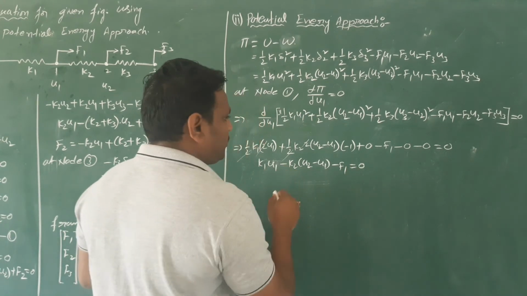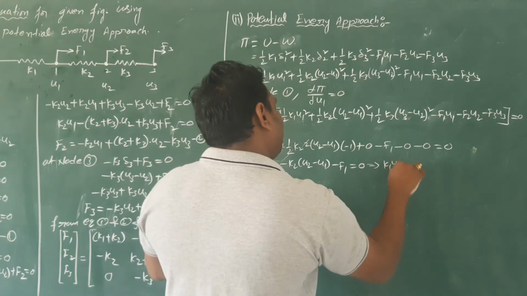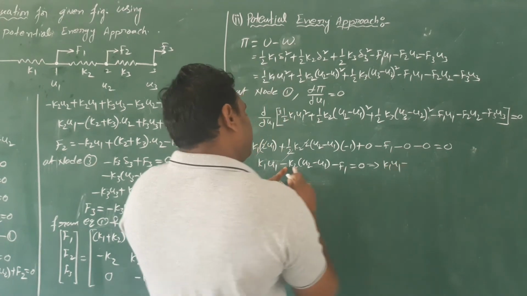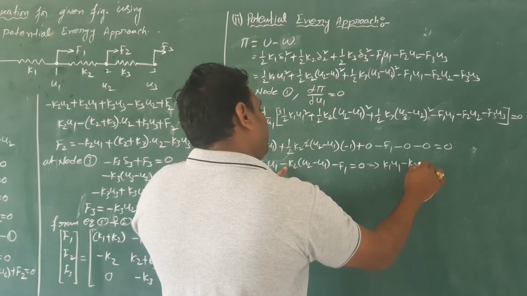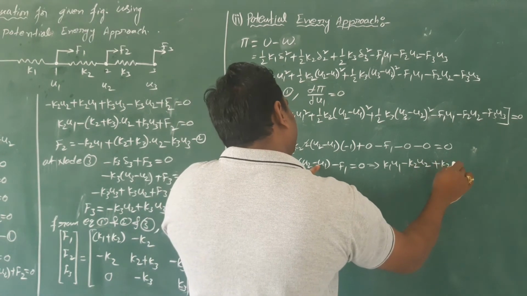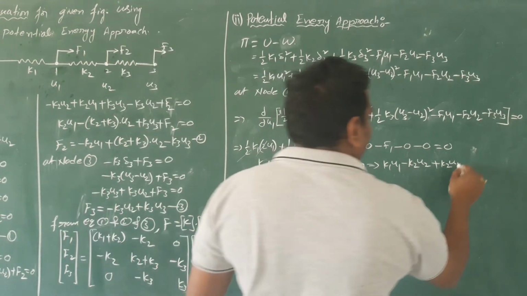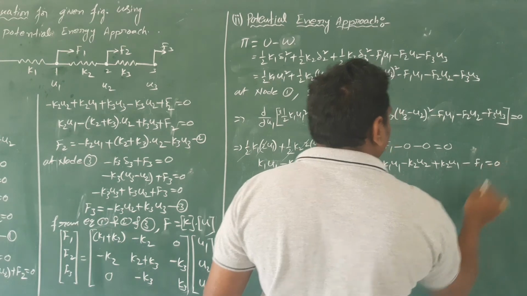So this equation becomes K1 U1 minus K2 U2 plus K2 U1 minus F1 is equal to 0.